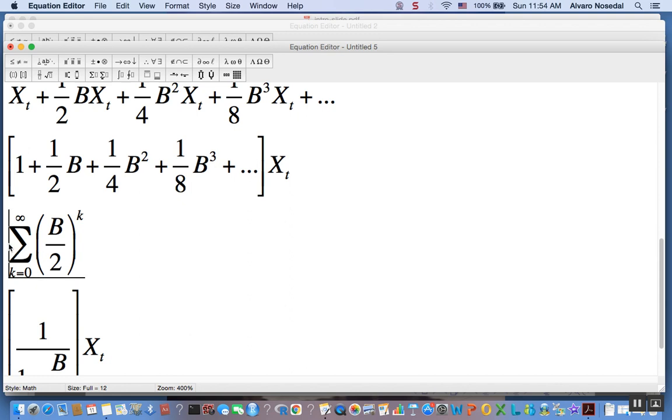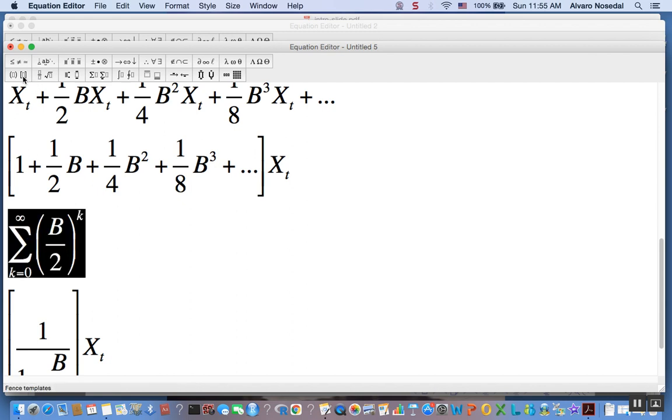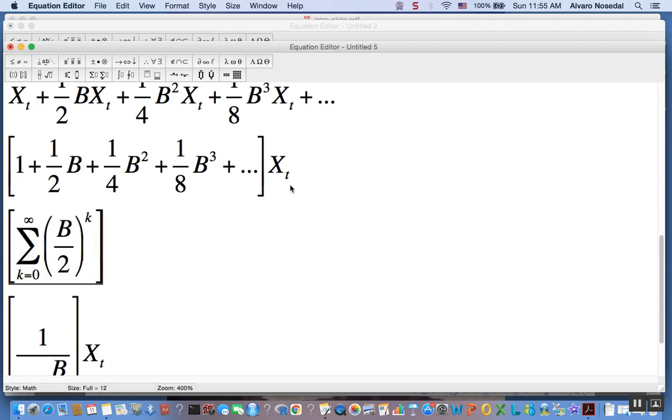I'm just rewriting what we had inside those square brackets with that shorthand notation.